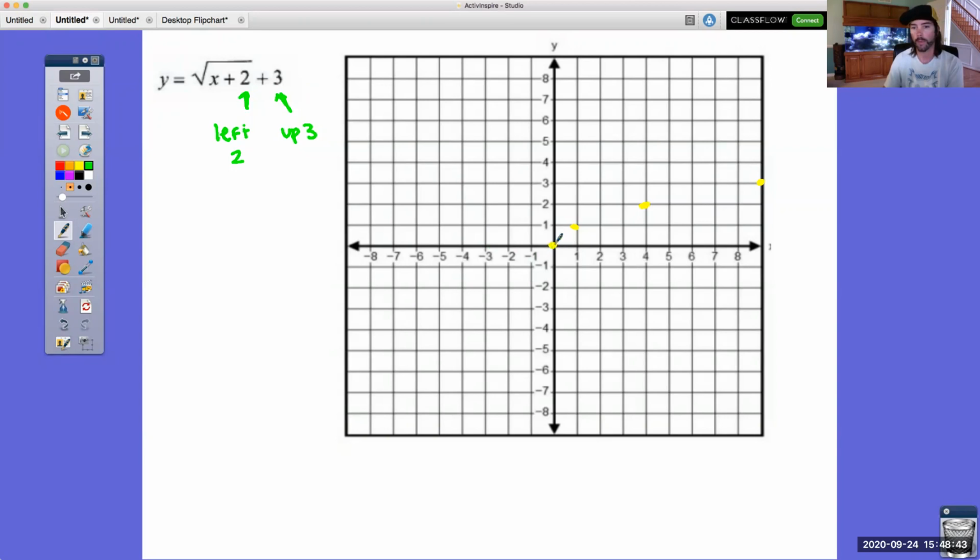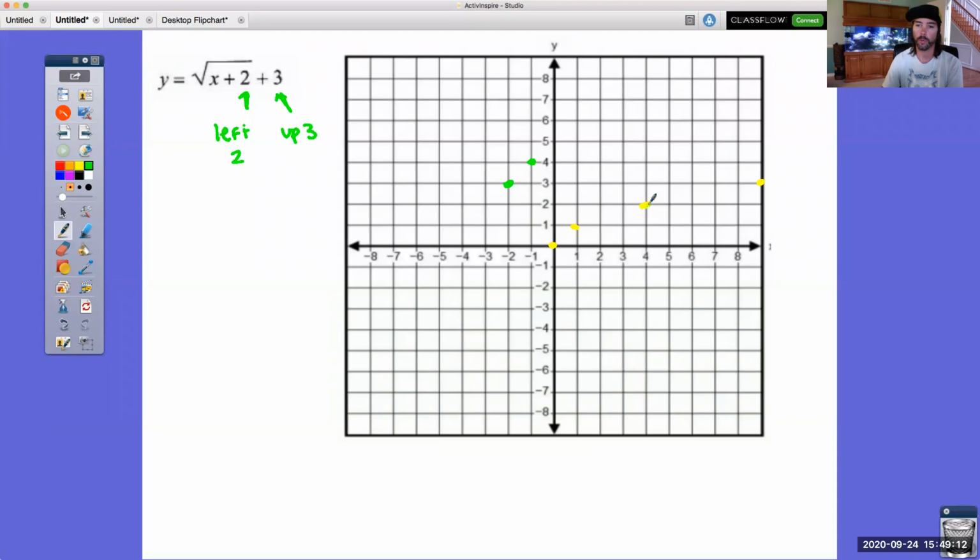Let's move the first one, 0, 0: left 1, left 2, up 1, up 2, up 3. 0, 0 moves to negative 2, 3, because it went left 2, up 3. Moving 1, 1 to the left once, to the left twice, up 1, up 2, up 3.